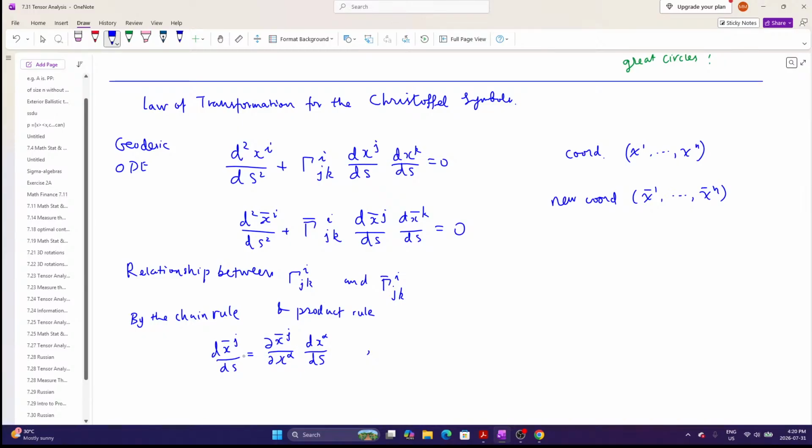So differentiate this one more time. Just write things slowly, okay? So you've got d squared over dx bar j over ds squared. This is d over ds of this thing.